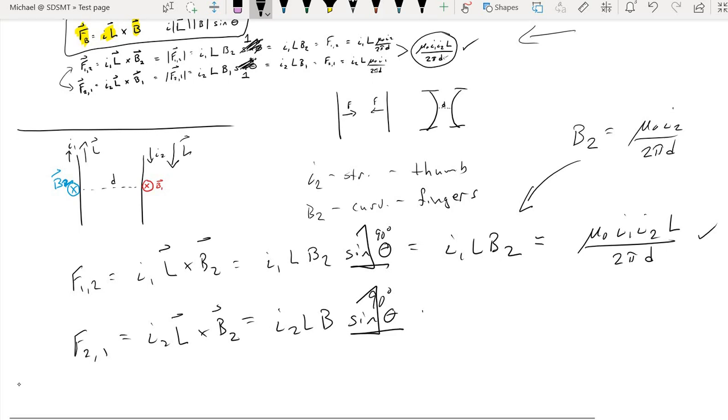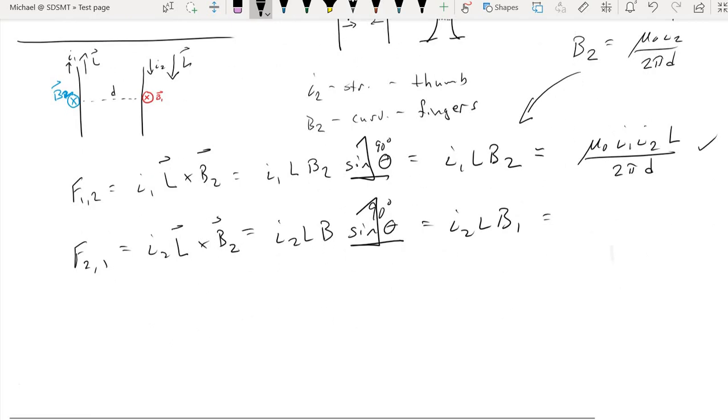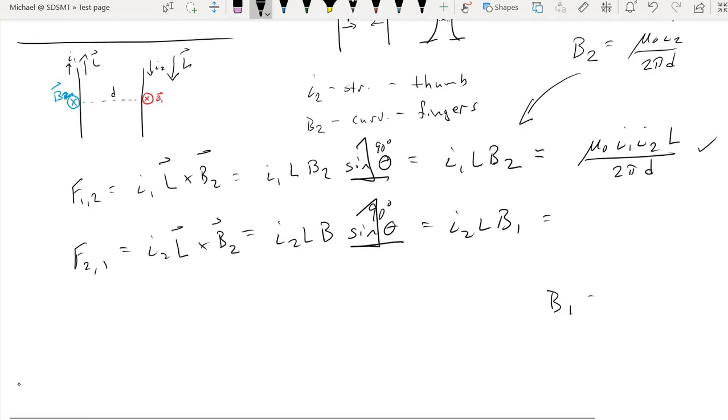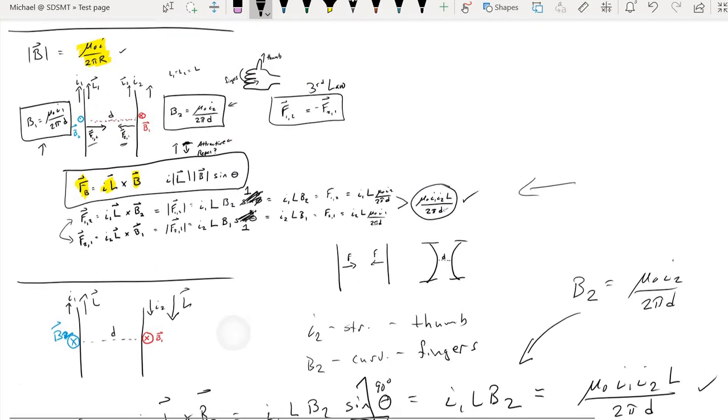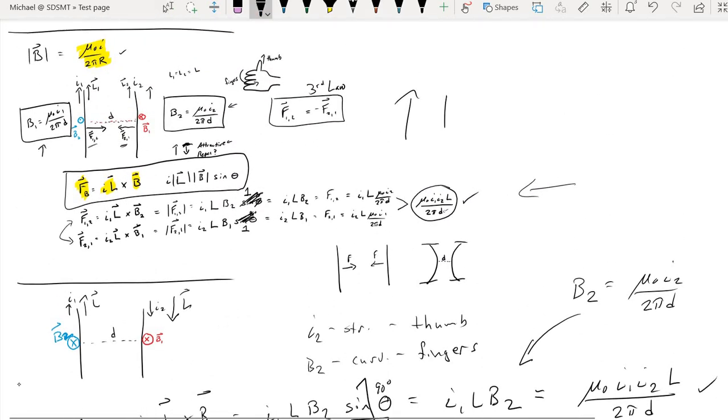So that evaluates to 1. And what is the magnitude of B1? Well, it's still mu naught I1 over 2 pi d. We plug that in, and we get mu naught I1 I2 L over 2 pi d. So the magnitudes are exactly the same as what they were for the parallel case scenario, only now we have an anti-parallel case scenario.